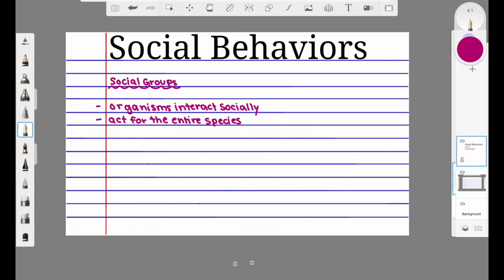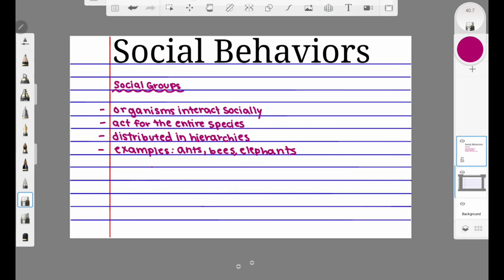They cooperate to achieve common goals, and so these groups are where you normally see things like altruism and kin selection, because they disadvantage themselves to benefit the entire species. And social groups are also where you see social hierarchies and resources distributed in a certain way to maintain a social structure.